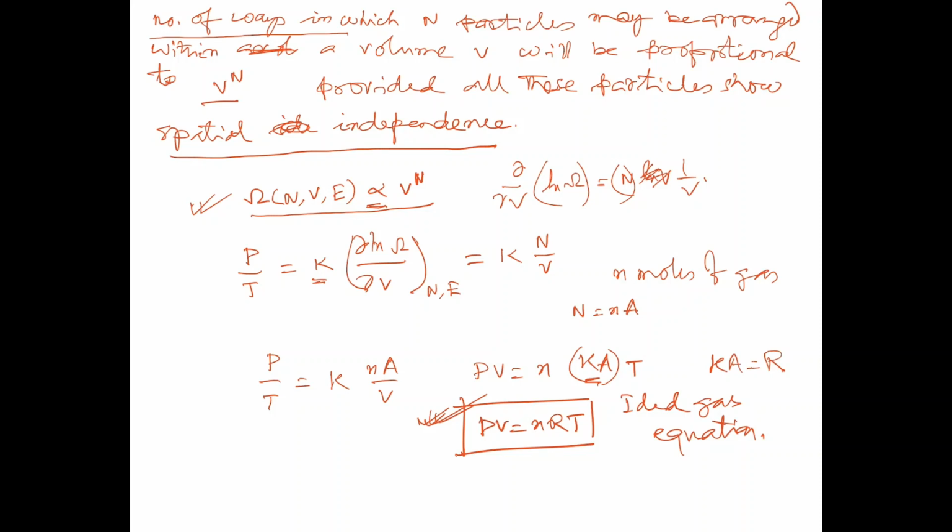For deriving other thermodynamic properties of this system, we require a detailed knowledge of the way the quantity omega depends on the parameters N, V and E. The problem essentially reduces to determining the total number of ways in which the equations sum over i of n_i epsilon_i equal to E and sum over i of n_i equal to capital N may be satisfied.